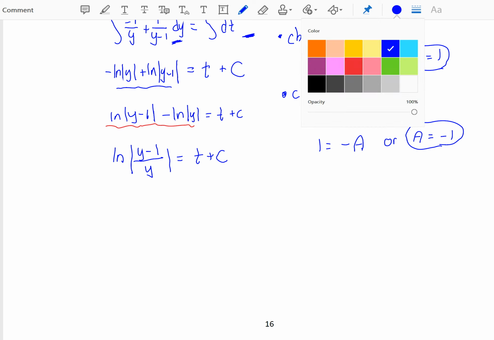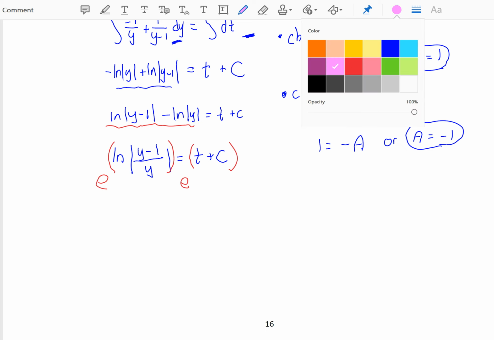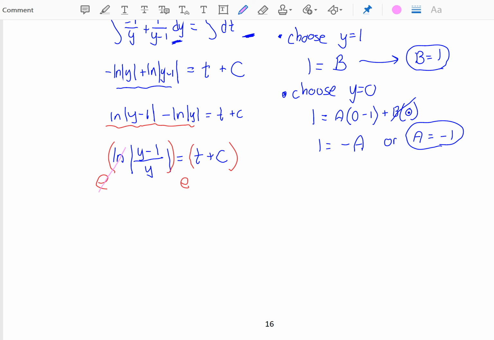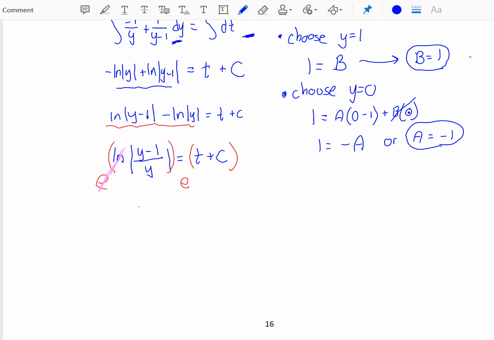If we're going to solve this equation for y, we will choose to exponentiate each side with base e. And remember, when I exponentiate the right-hand side, both of these become the exponent. Now I'm choosing base e because I know this e and the natural log are inverses, so these will cancel, leaving on the left-hand side just the absolute value of y minus 1 over y.